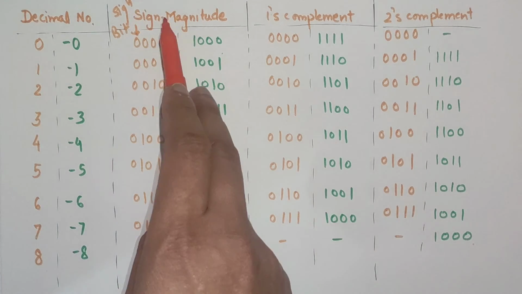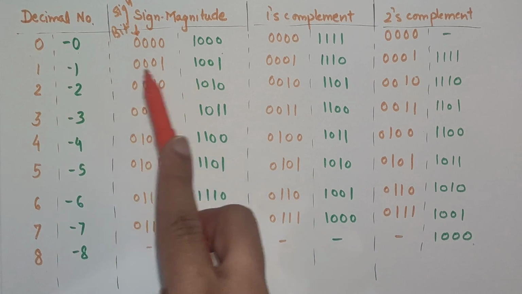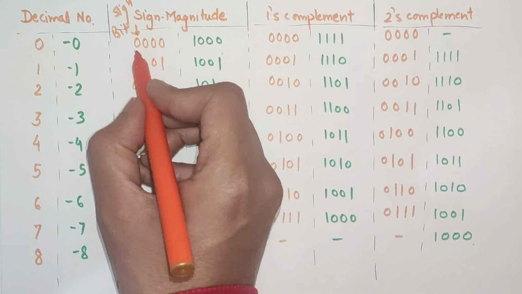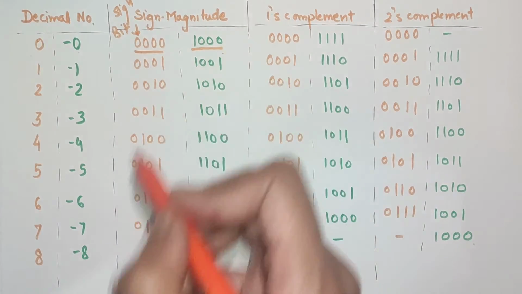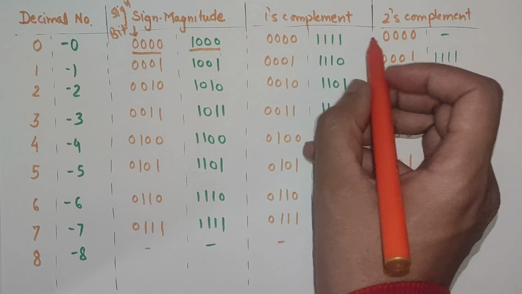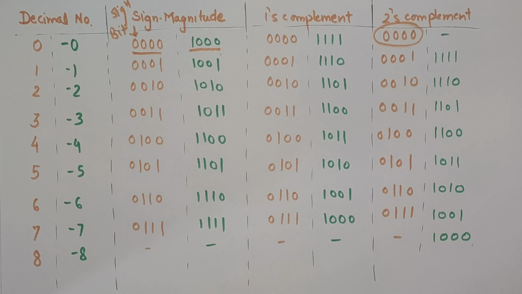You can see in sign magnitude and 1's complement there are two representations for 0 and minus 0. So 0 will be represented as all zeros, and minus 0 as 1 followed by all zeros. In 2's complement there is no such thing. 0 is represented by only all zeros. So these are the common representations.